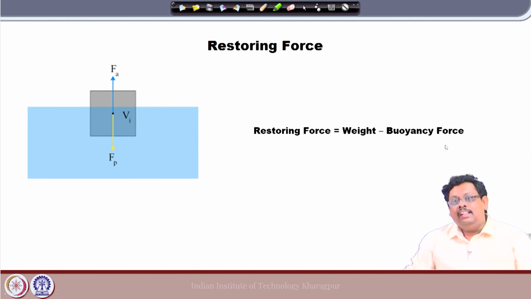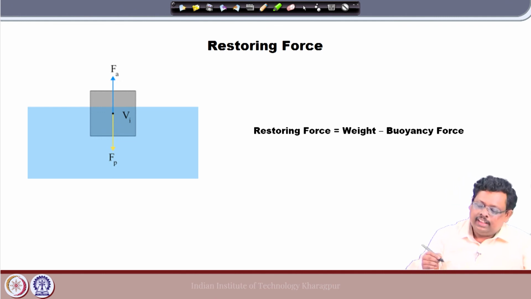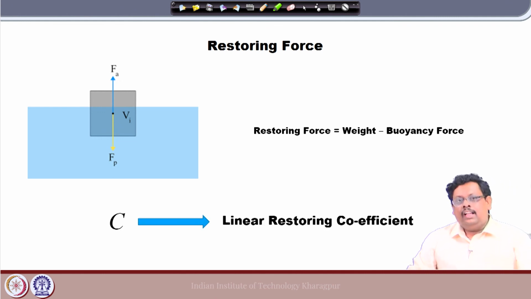Now, as you know, we are dealing with linearity, so we must introduce a linear coefficient. We introduce a linear restoring coefficient, and we call it C. Okay. So, now, what is C?